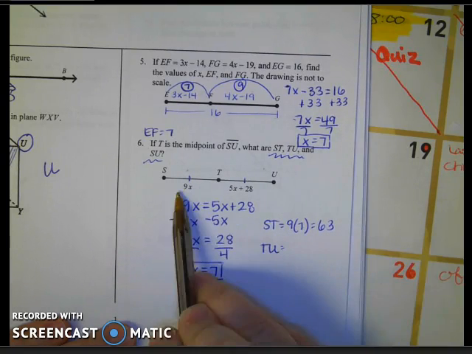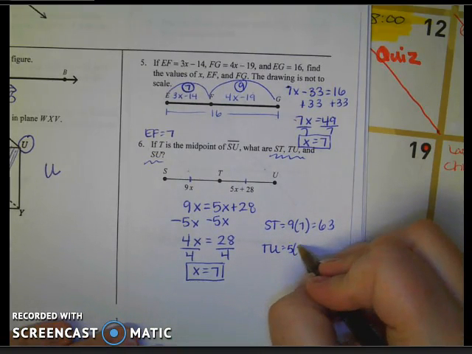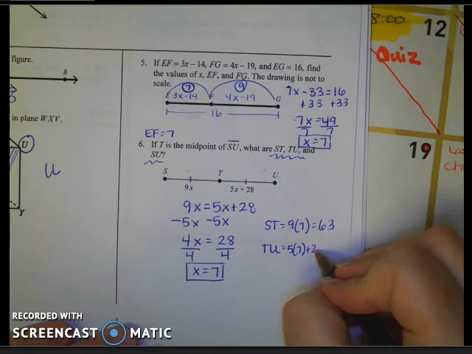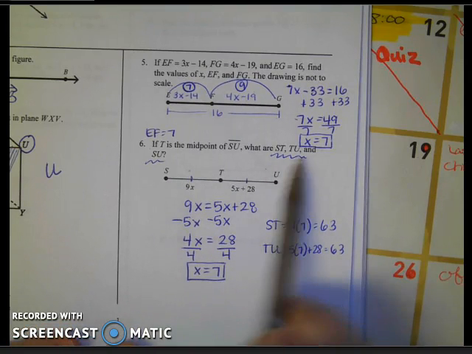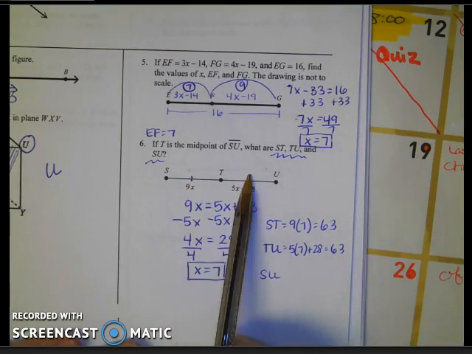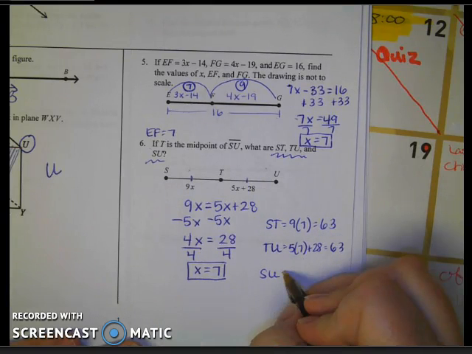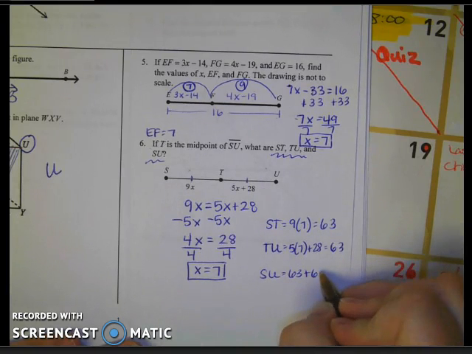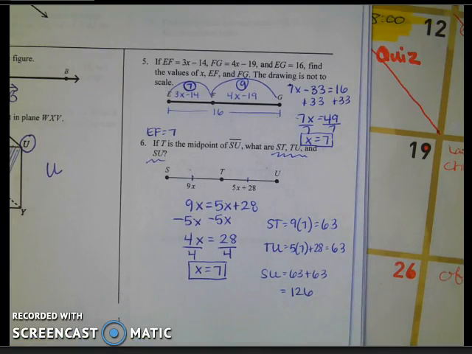TU, since we know they're congruent, should come out exactly the same. 5 times 7 plus 28 is 63. And then finally, it also wants the length of SU. If I know that each of these pieces are 63, the whole length is 126.